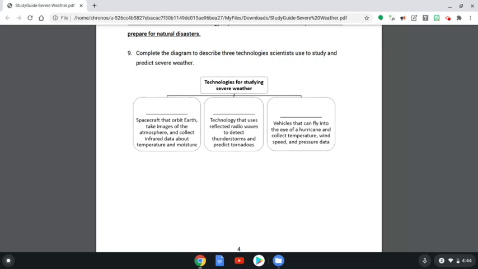And vehicles that fly into the eye of the hurricane and collect temperature, wind speed, and pressure data. That would be aircraft, and those people are amazing. I understand the center of the hurricane is calm, but they must fly through the hurricane to get to the center.